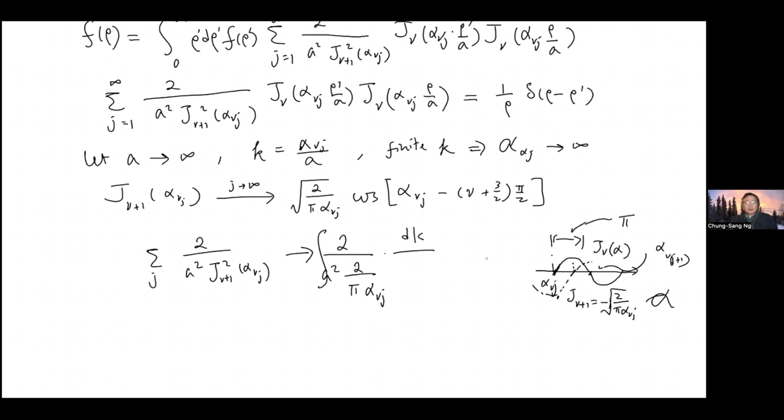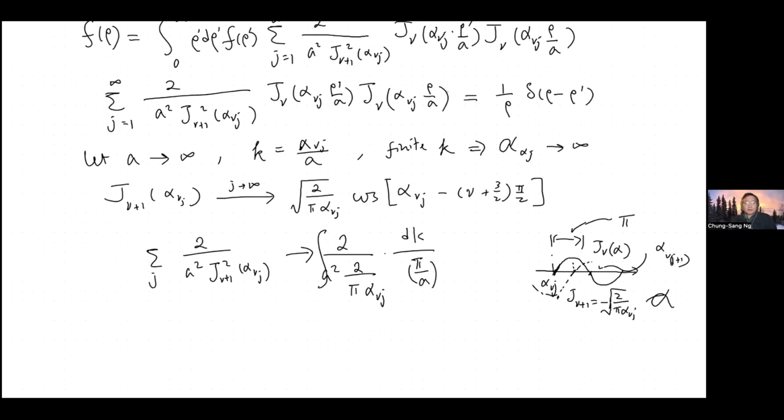when alpha increases by pi, then k increases by pi over a, right? And so when j increases by 1, the k increases by pi over a, so dk over pi over a becomes 1, and so this summation becomes this integration, and now you keep the other factor over here, right?